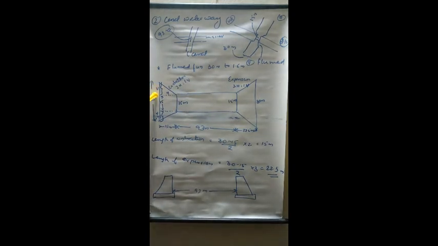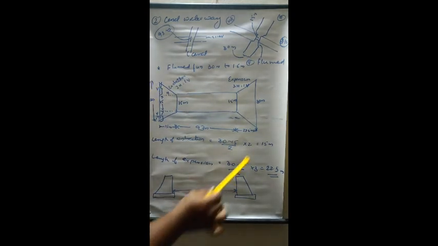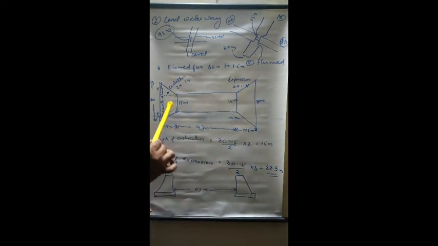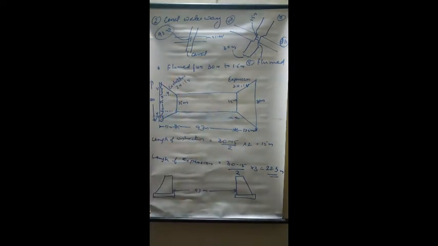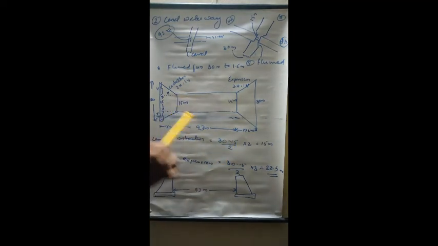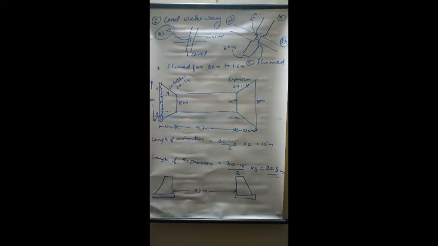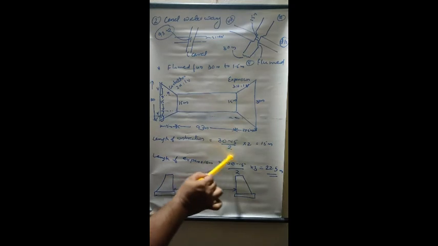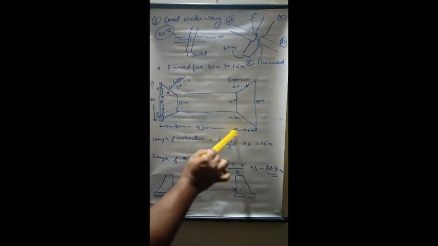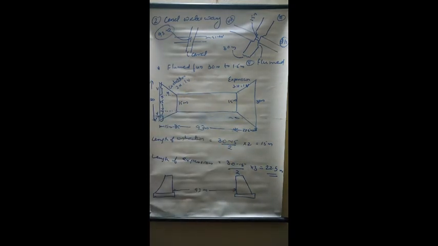So whatever the vertical value, its double is the horizontal. Therefore the length of the contraction equals 30 minus 15 divided by 2, multiplied by 2.